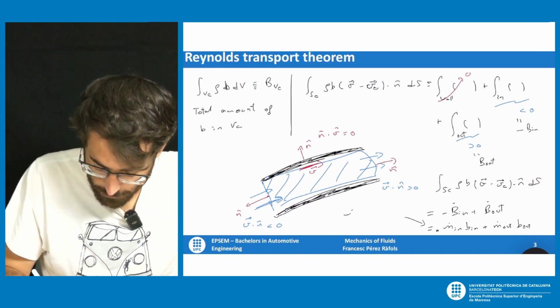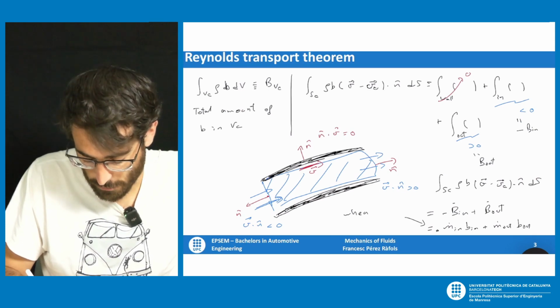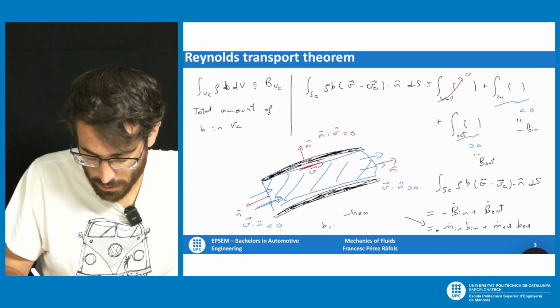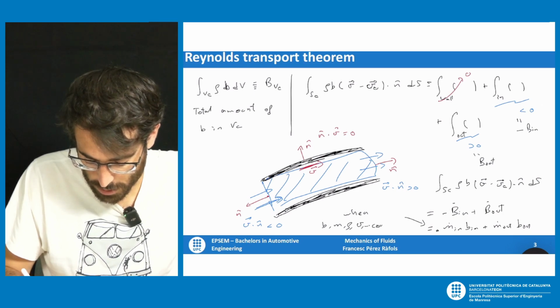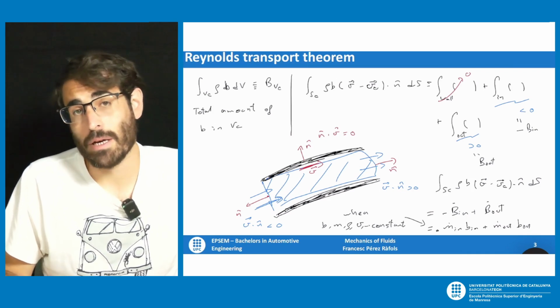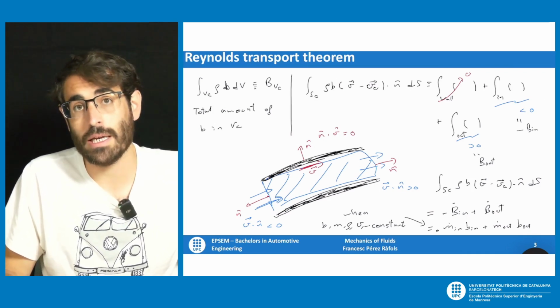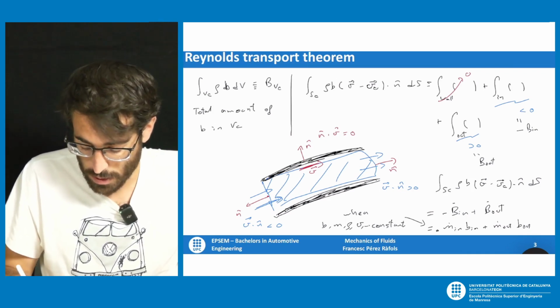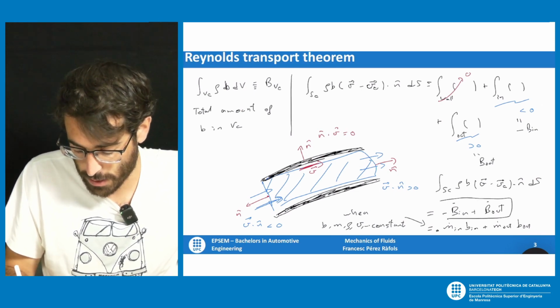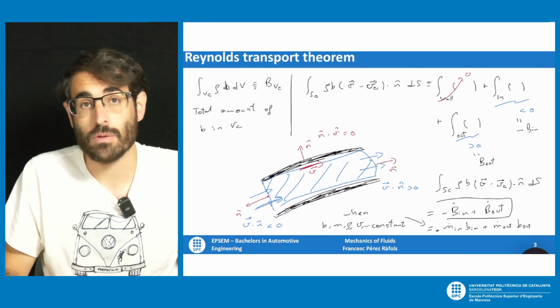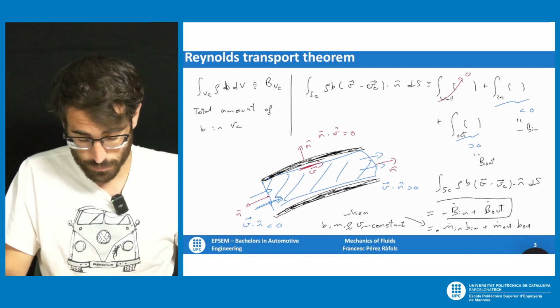It's only when things are constant. So b, mass, density, velocity are constant. And of course, I mean constant on the surface, so either constant in the inlet or constant in the outlet. Otherwise, this is always true, this part here, but sometimes we'll have to do the integration.